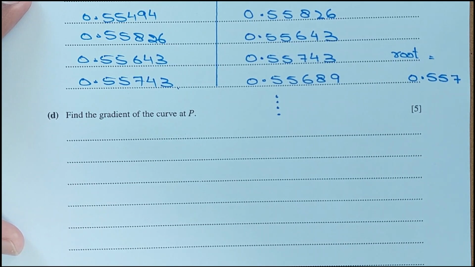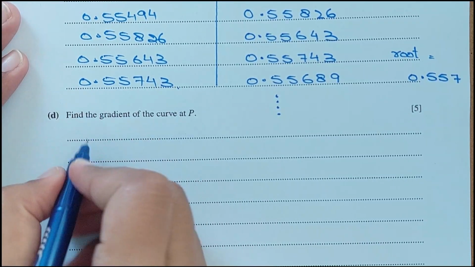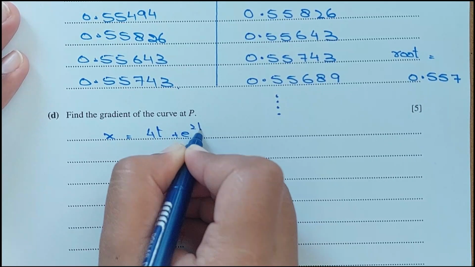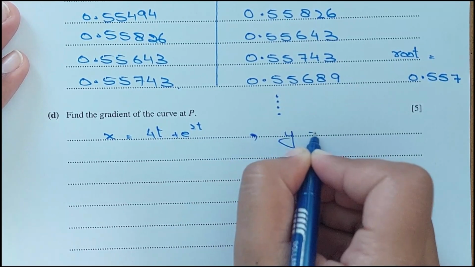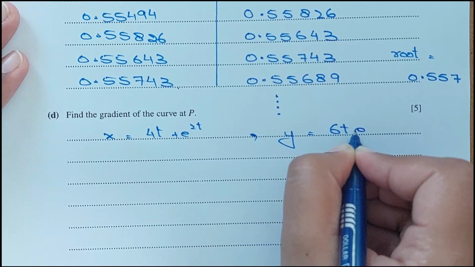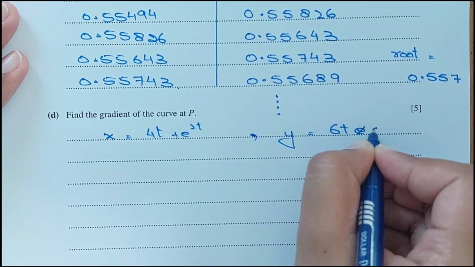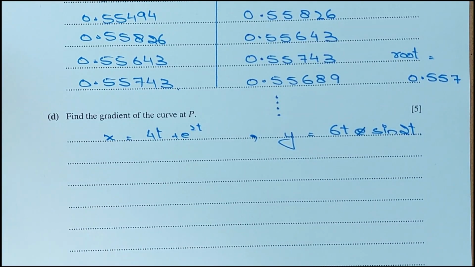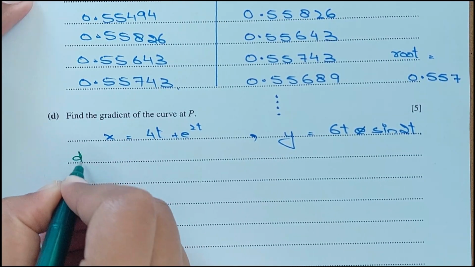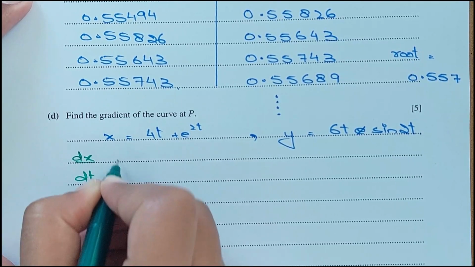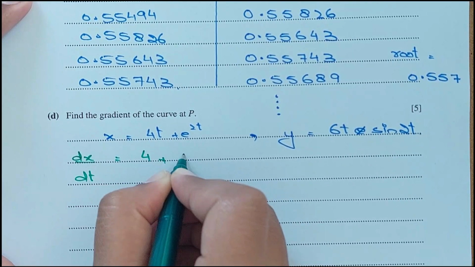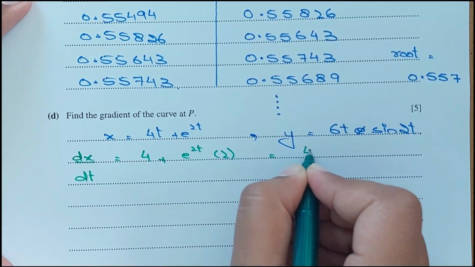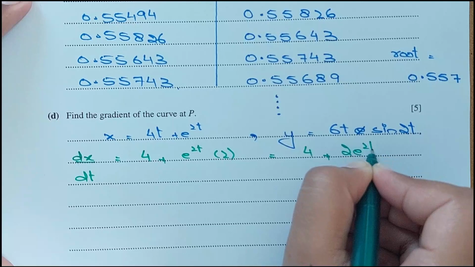Now for part D, find the gradient of the curve at P. For the gradient of the curve, we are given x, which is 4t plus e power 2t, and y, which is 6t e power sine 2t. All right, let me find the derivative. dx over dt is 4 plus e power 2t times 2, which equals 4 plus 2 e power 2t.